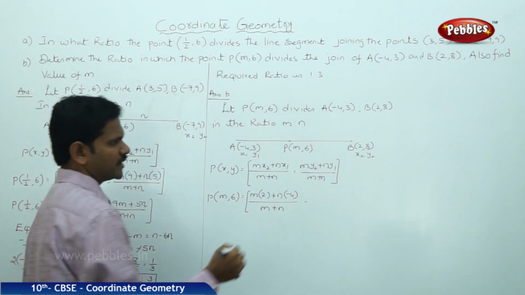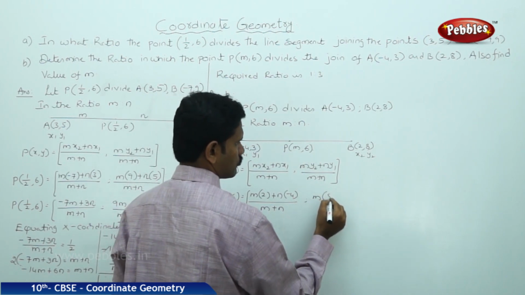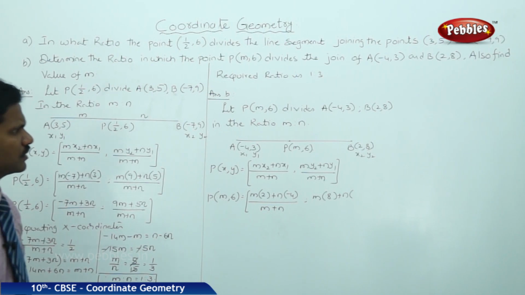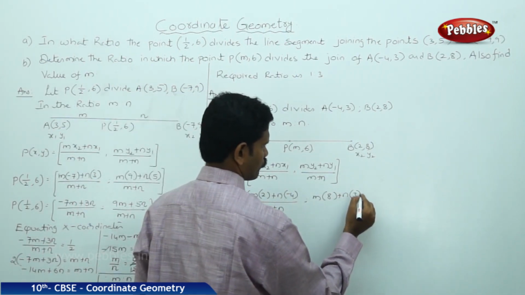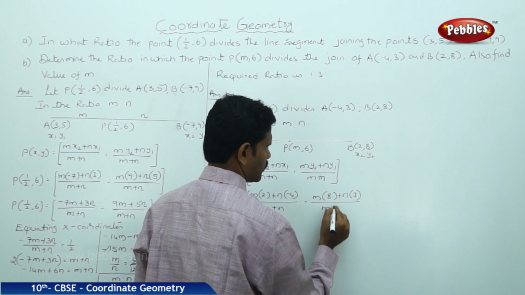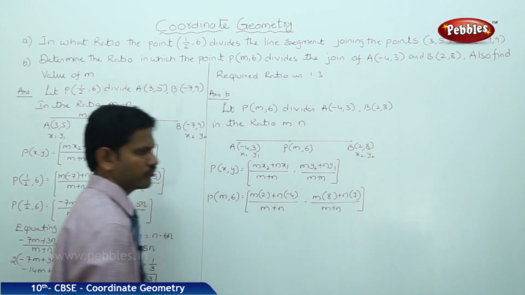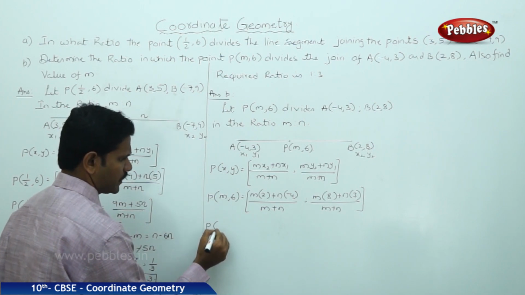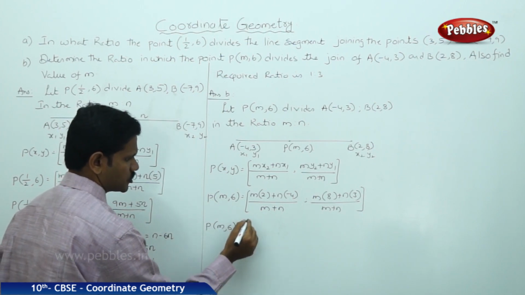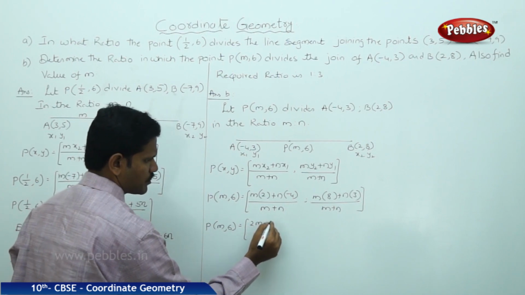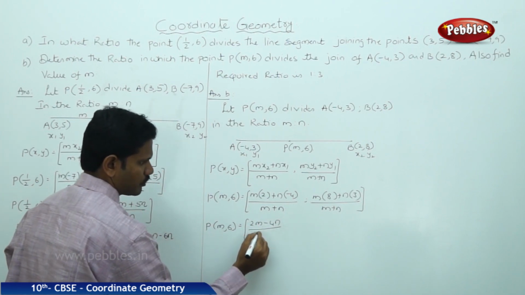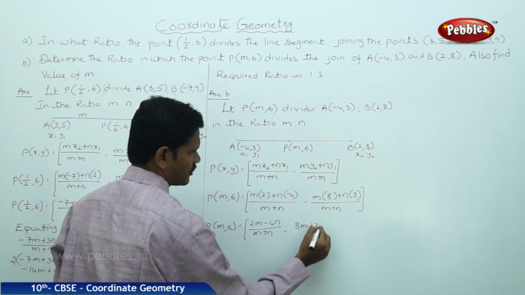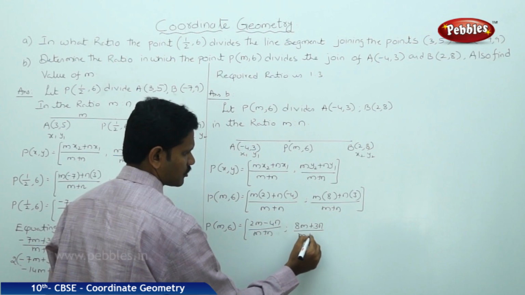Now m y2 plus n y1, y1 nothing but 3, by m plus n. Now P(m, 6) is equal to (2m minus 4n) by (m plus n), (8m plus 3n) by (m plus n).